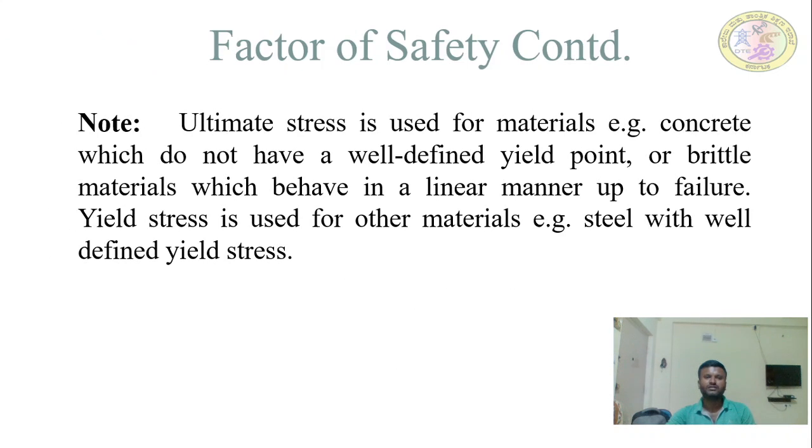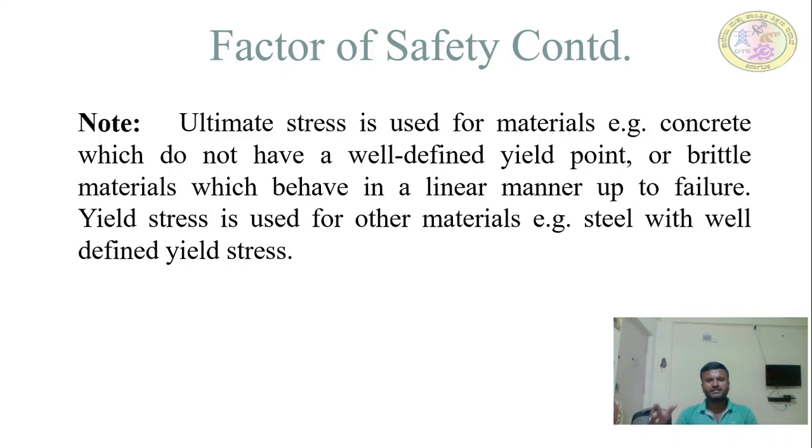Next, note: the ultimate stress is used for materials, for example concrete, which do not have a well-defined yield point, or brittle materials which behave in a linear manner up to failure. Yield stress is used for other materials, for example steel with a well-defined yield stress. This is the different property. For reinforced cement concrete we are using two materials: one is concrete, another one is the steel bar.